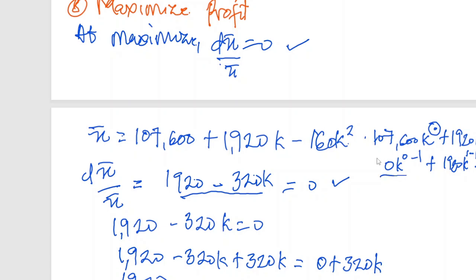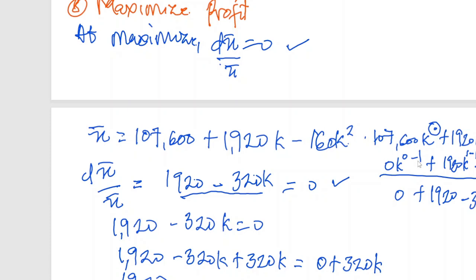So in solving this, 0 times K to the power 0 minus 1 is 0, plus 1920. K to the power 1 minus 1 is K to the power 0, which is the same as 1, so we maintain our 1920.